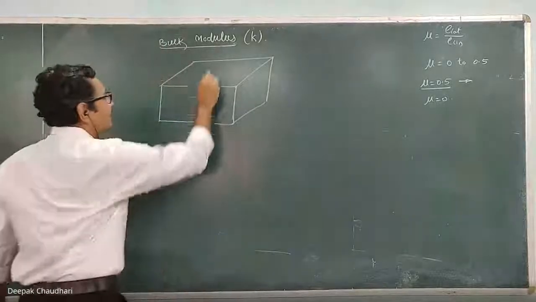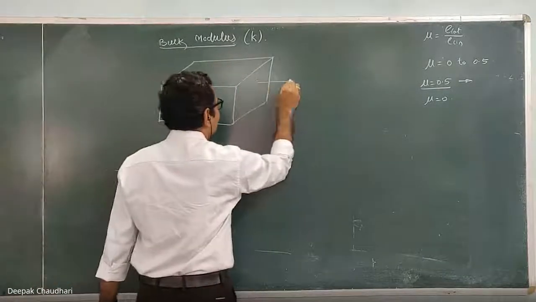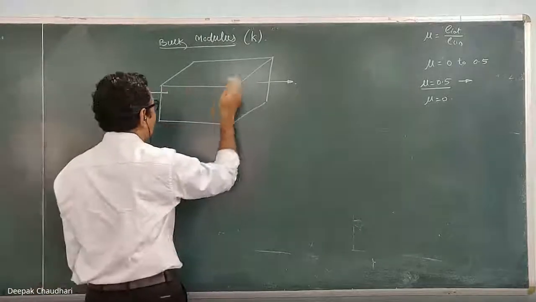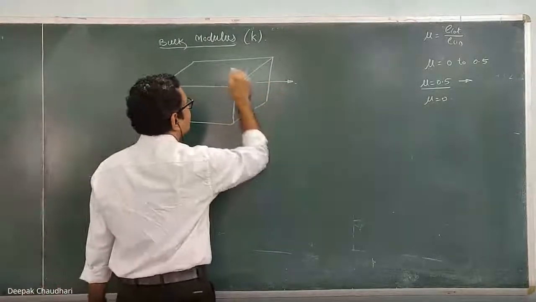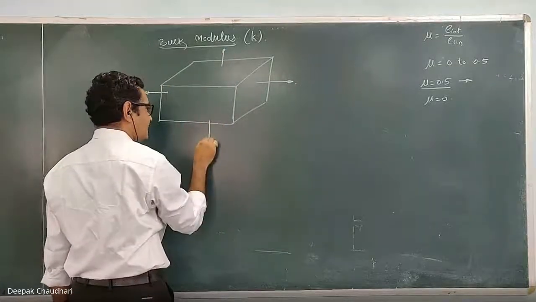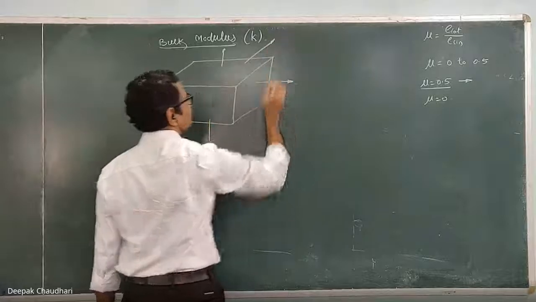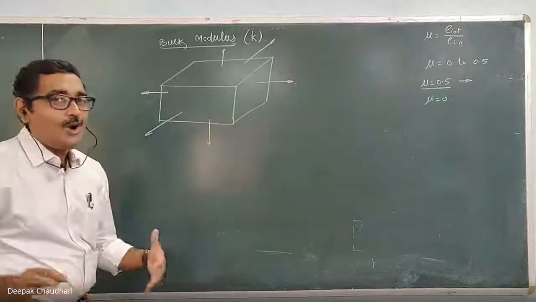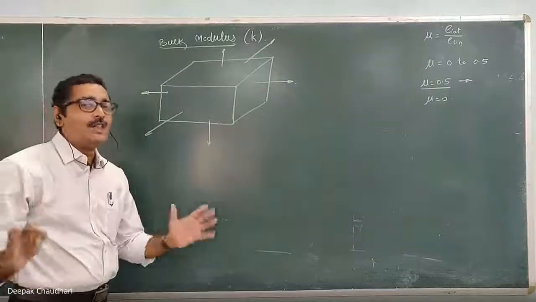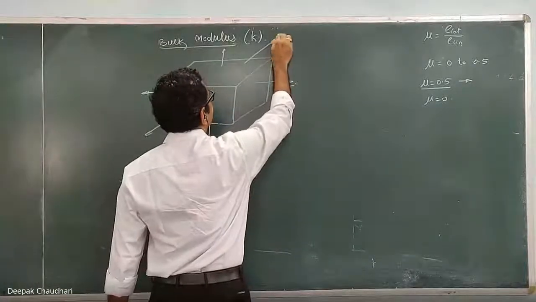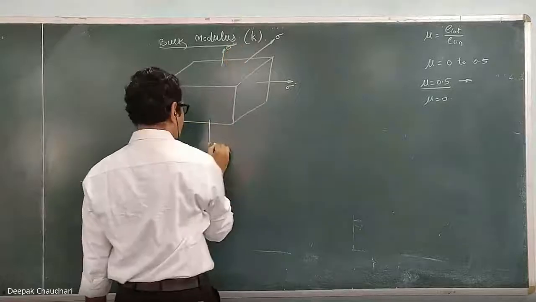If the stress in the x direction is tensile in nature, then it will also be tensile in the y direction and in the z direction, and all should be of equal magnitude. Means sigma x equal to sigma, sigma y equal to sigma, sigma z equal to sigma.